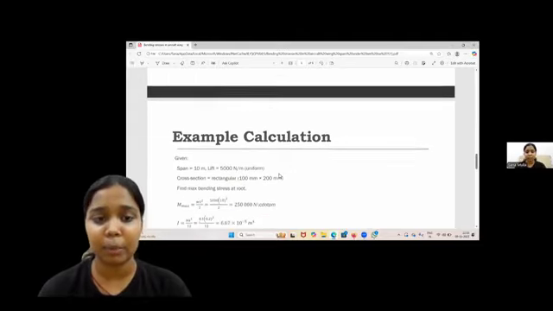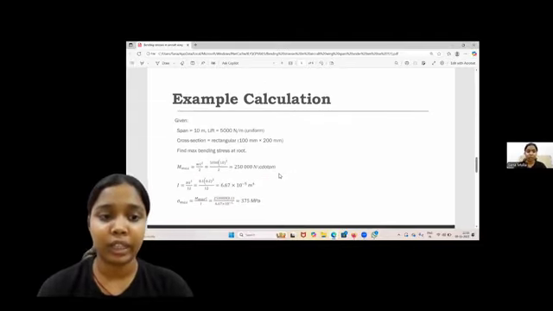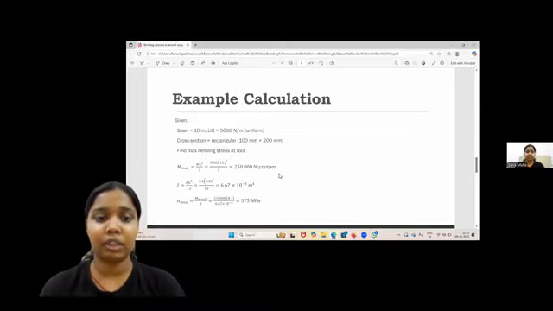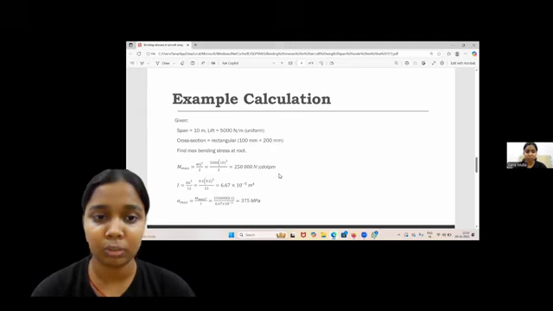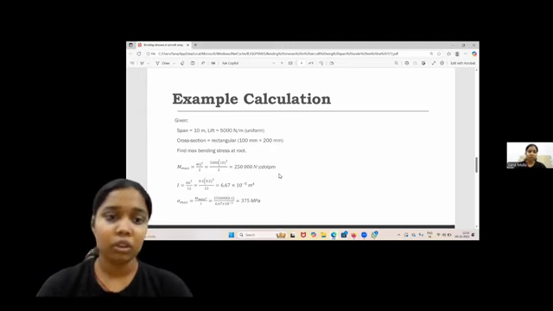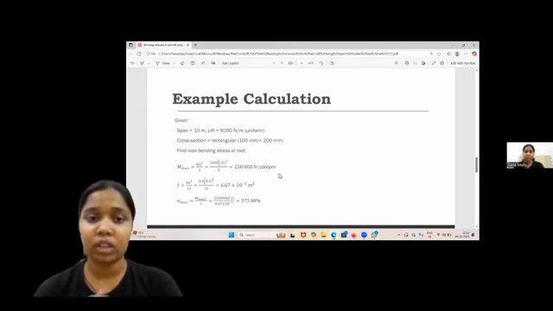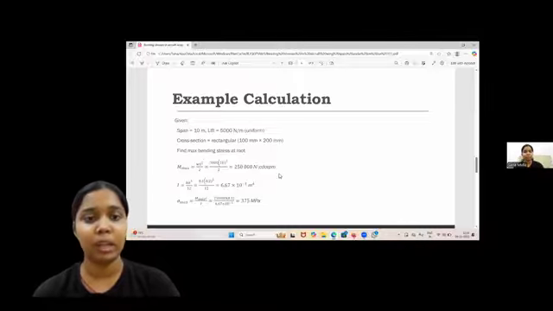Let's take a simple example to calculate the maximum bending stress, moment of inertia, and shear stress. Taking span equal to 10 meters and lift equal to 5000 Newton per meter uniform. Cross section is rectangular, 100 mm by 200 mm.